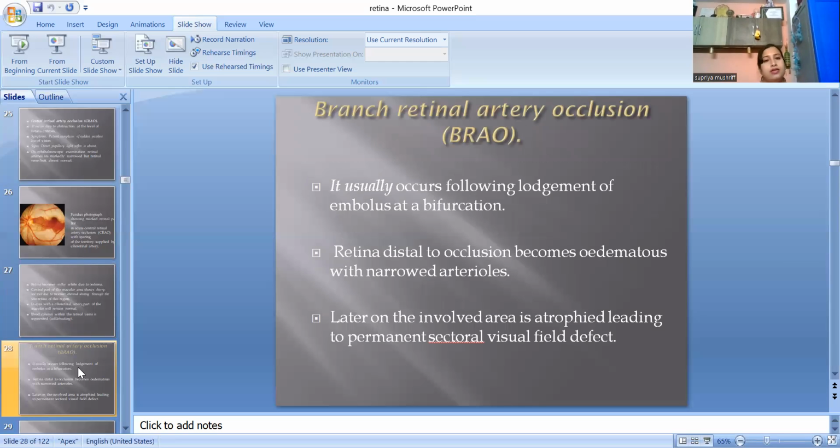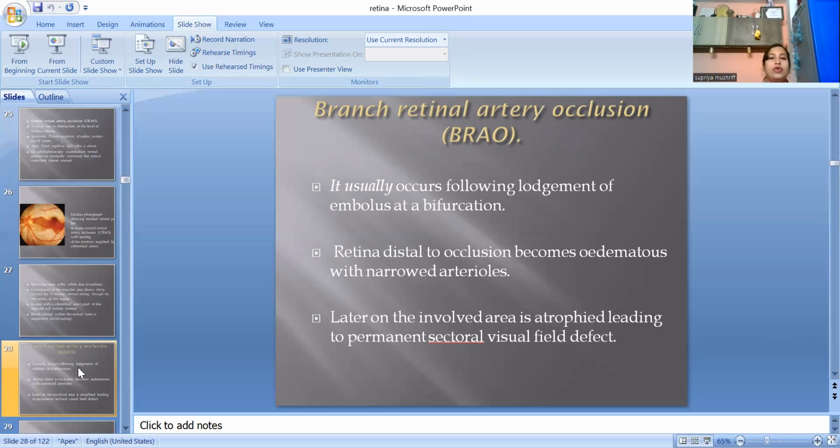Now, after central retinal artery occlusion, there's branch retinal artery occlusion. Now, what is branch retinal artery occlusion? It usually occurs following lodgement of an embolus at a bifurcation. The retina distal to the occlusion becomes edematous with narrowed arterioles. Later on, the involved area is atrophied, leading to a permanent sectoral visual defect.